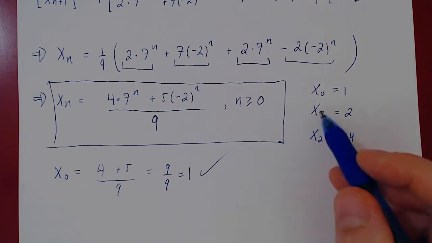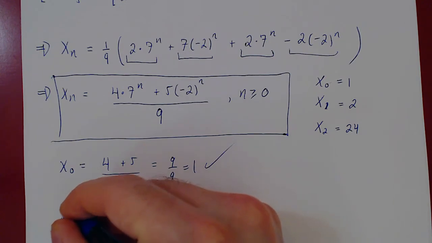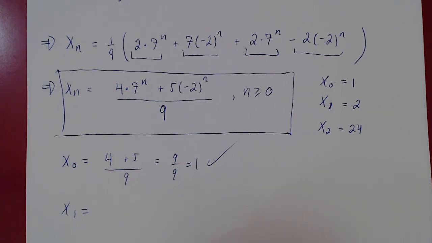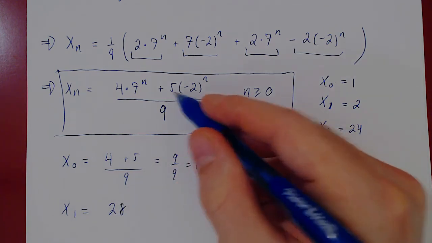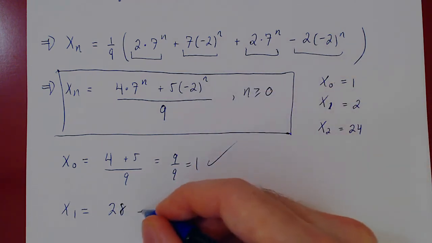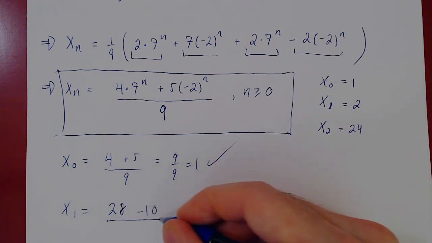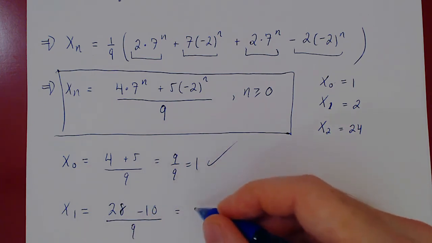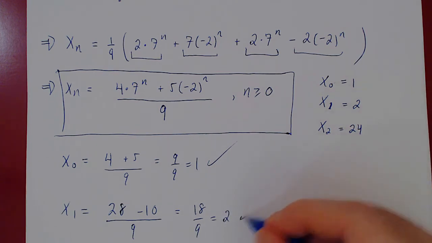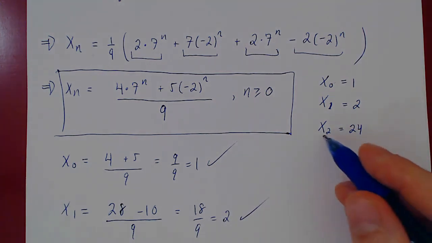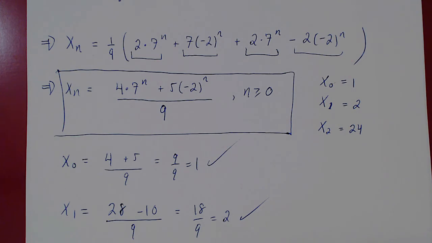Let's compute now x1 from the formula. So we replace n by 1. So we have 4 times 7, that's 28, plus 5 times negative 2, so negative 10, over 9. But that's just 18 over 9, which is positive 2. As expected, check.